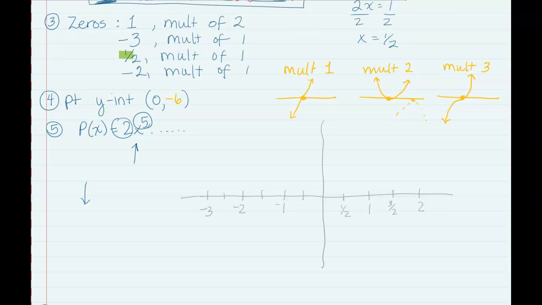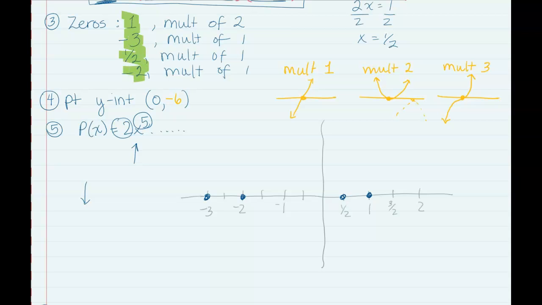Okay, so now I'm going to plot my zeros. There's a 0 at 1, at -3, at 1/2, and at -2. So those are these points that we just finished graphing. These are our zeros.